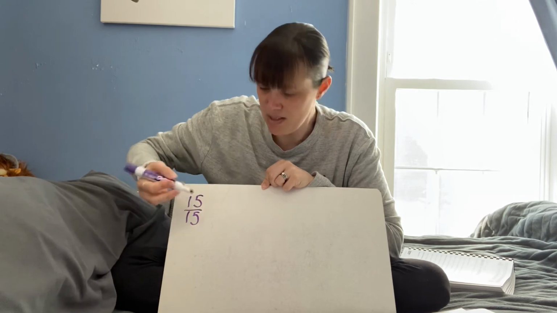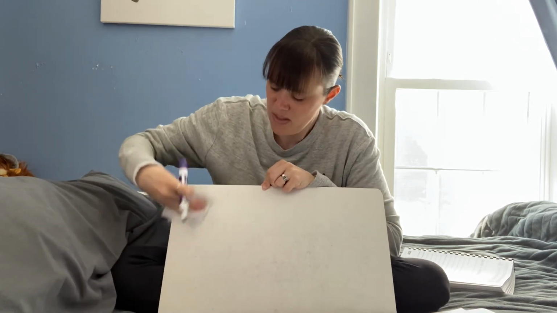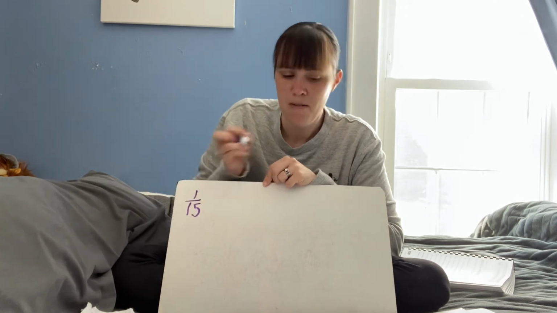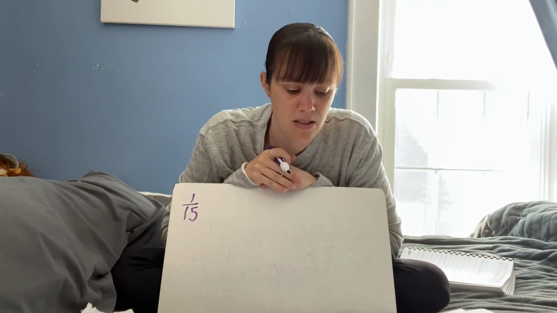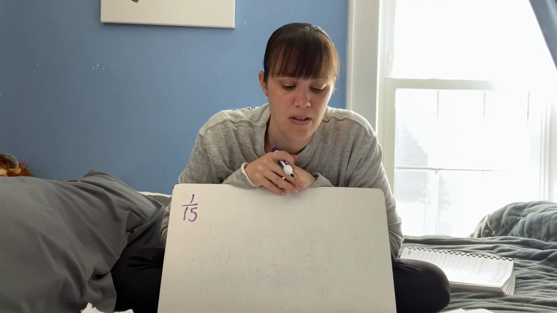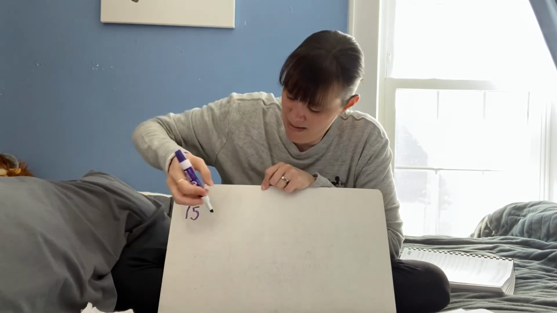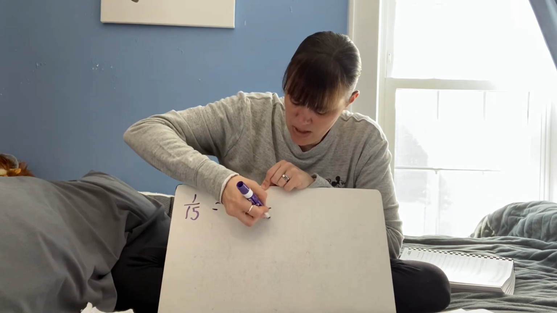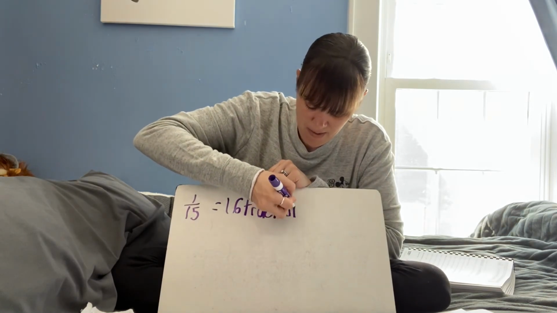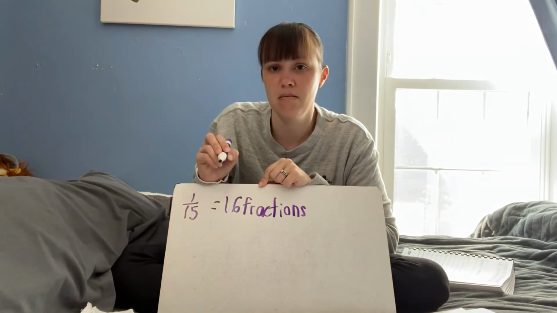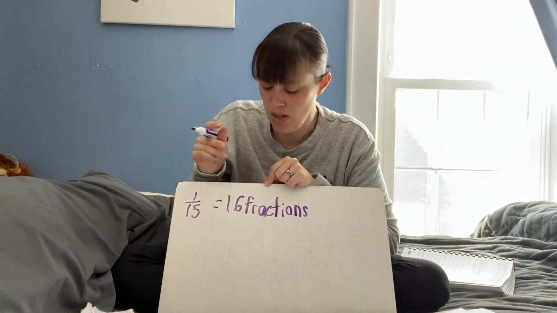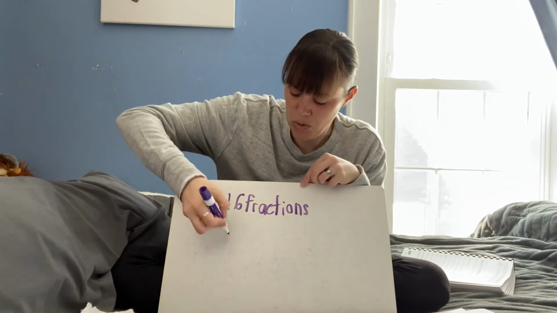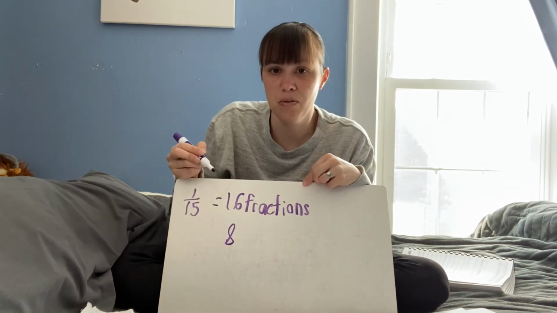So we're talking about 15ths, right? 15ths would have 16 fractions. Can you take half of 16? Yes, you can. If you split 16 into 2 groups, you would have 8 in each group.